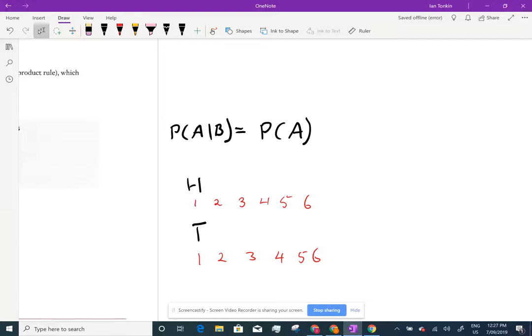Well, there's no effect. The probability of getting a 6, given that I get a head, is just 1 in 6. It has no effect. There is no intersection.